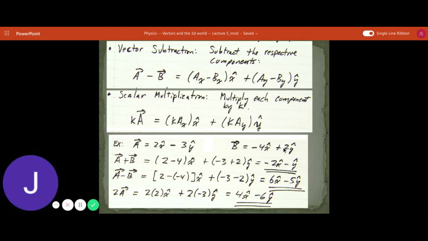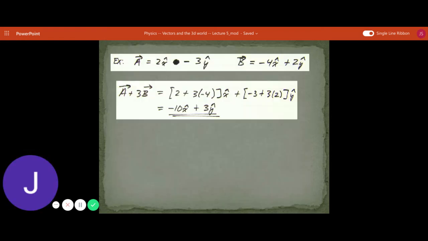It's a plus 2, so it's still going to be minus 2 still, so you get minus 5. Let's take a look at that. And then scalar multiplication is pretty straightforward. 2 times the x component, 2 times the y component, you get 4x hat minus 6y hat. There you go.